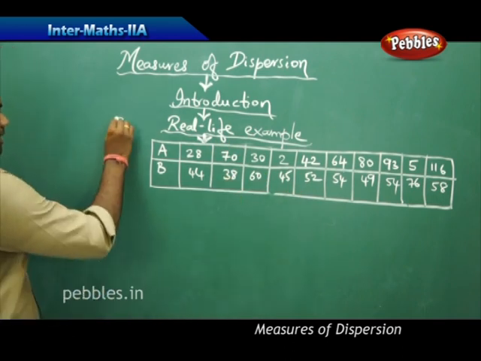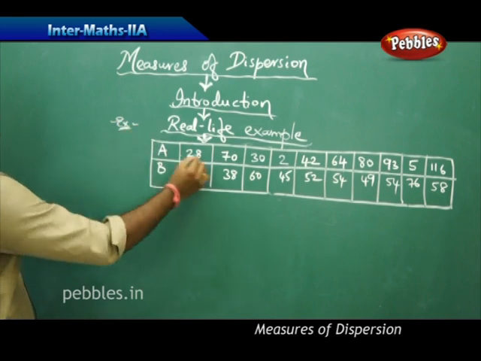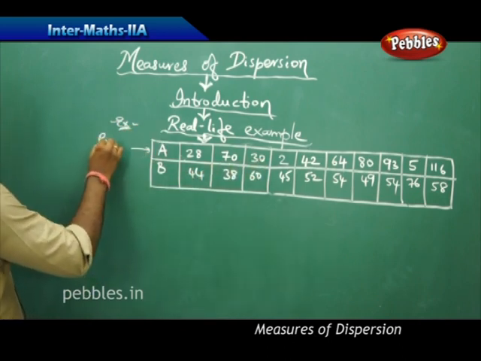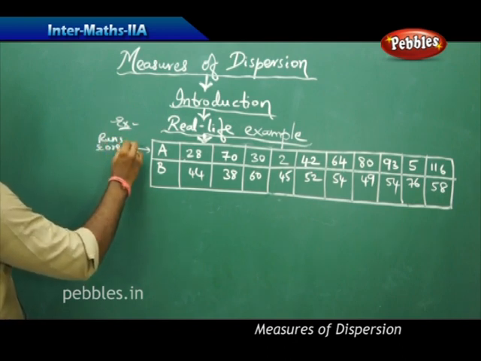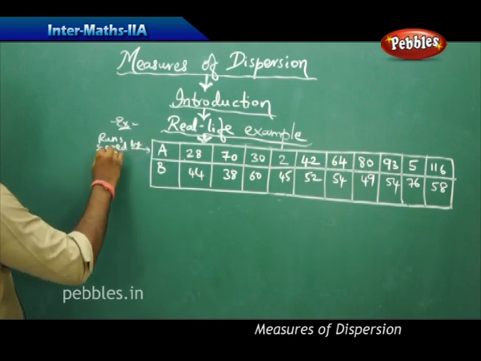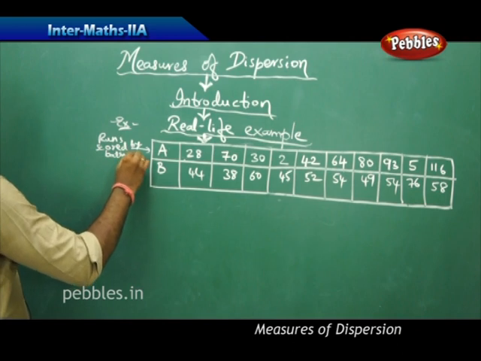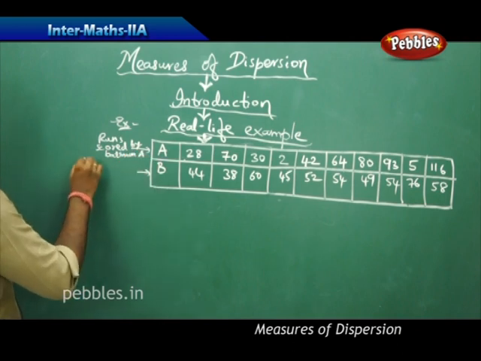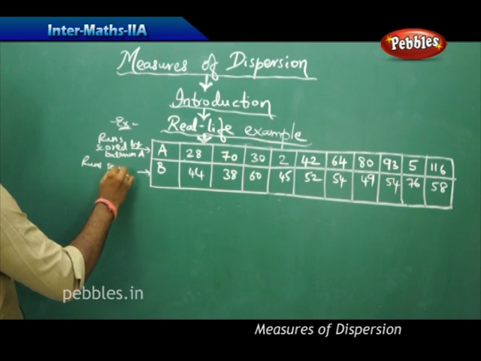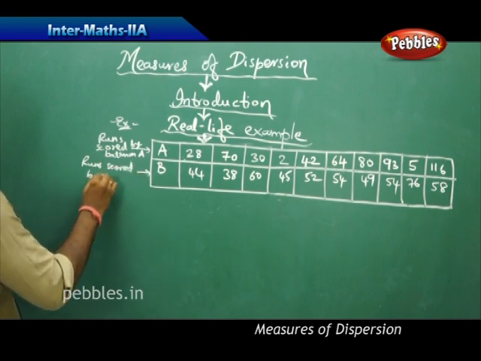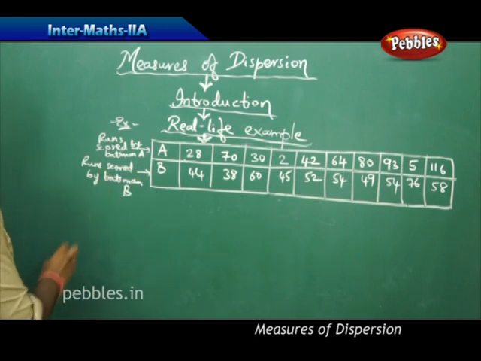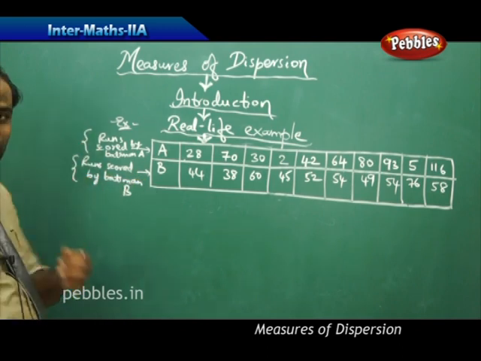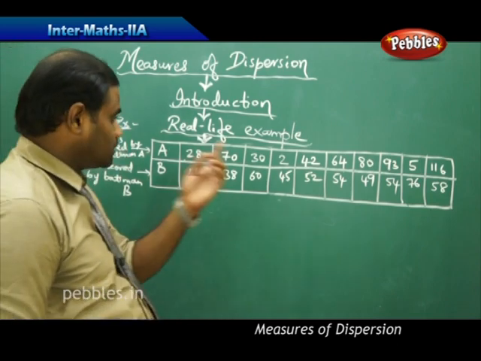So for example, I take a problem where these are the runs scored by batsman A. The first row gives the runs scored by batsman A, and this gives the runs scored by batsman B, as we have the two different scores in the two different rows of this problem.